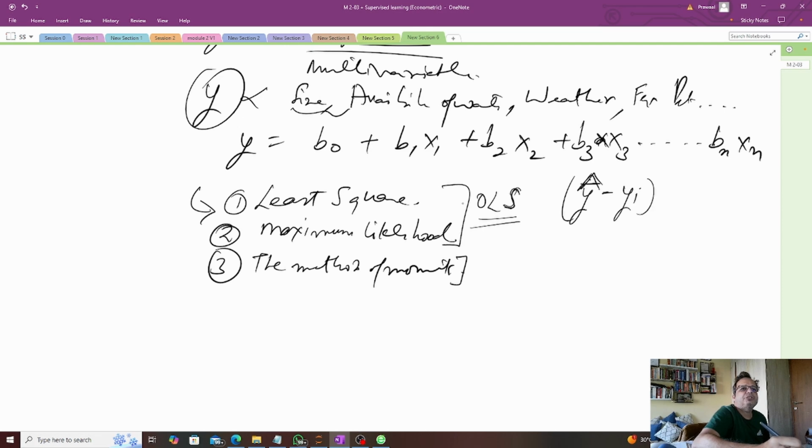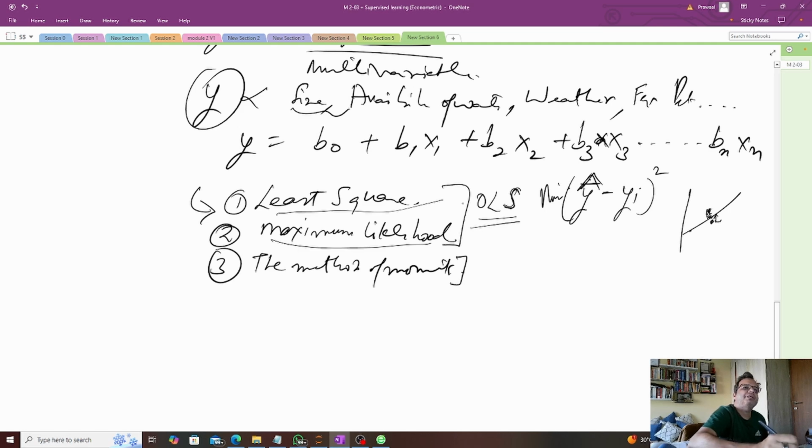And then you find the square, because sometimes your value is going to be greater than, sometimes less than, so you don't discriminate between the two. It is away from your estimate by some distance, so you find the square and then you minimize this distance. That's what the least square method is all about.